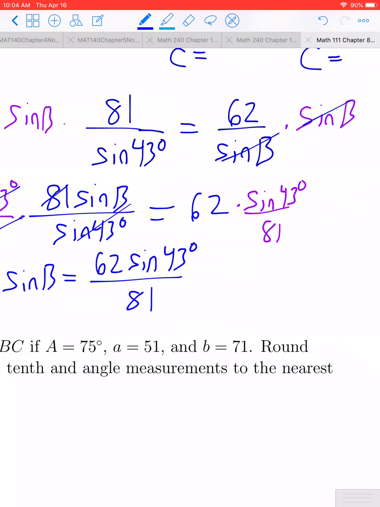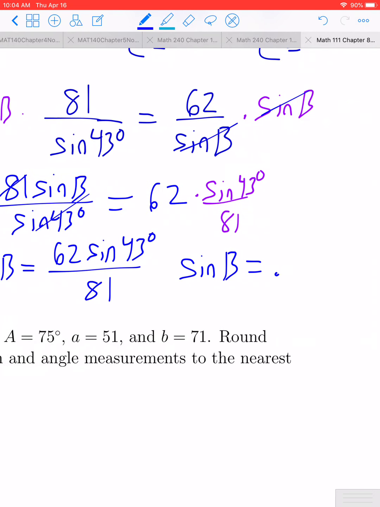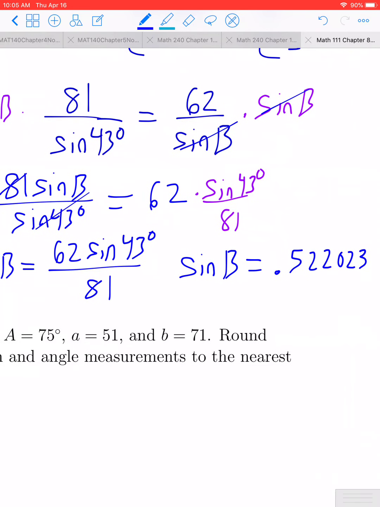At this stage, we can plug this right-hand side into the calculator to find that the sine of B is going to be approximately, I'm not done yet, so I'm not going to round this too much. I'm going to carry out a few digits here, but it's going to be 0.52202, I'll go one more, 3. So that's what the sine of B is equal to.